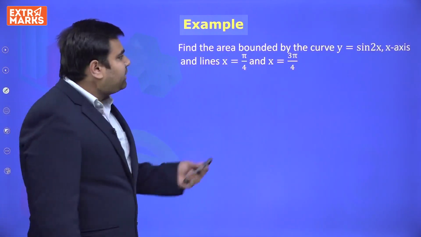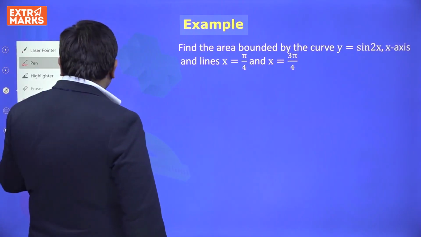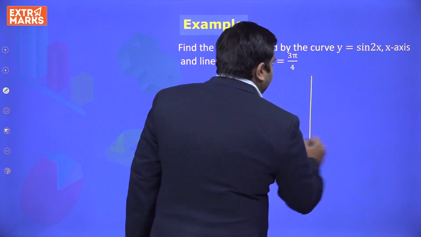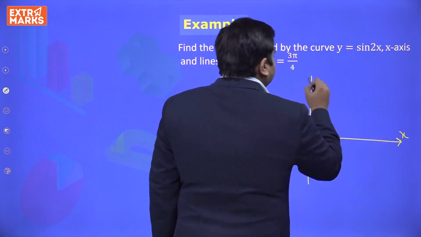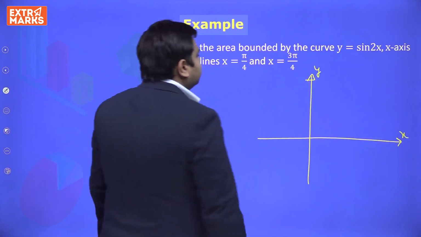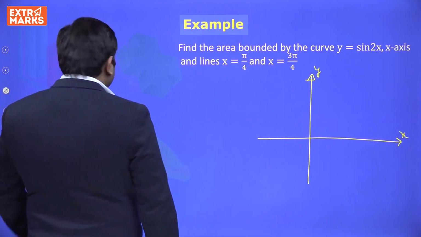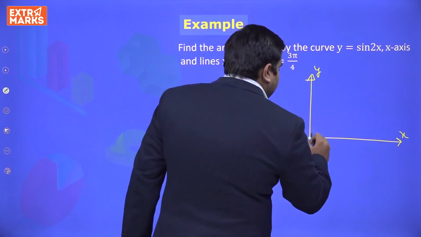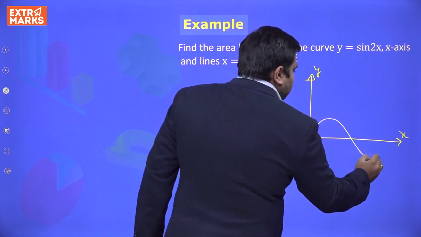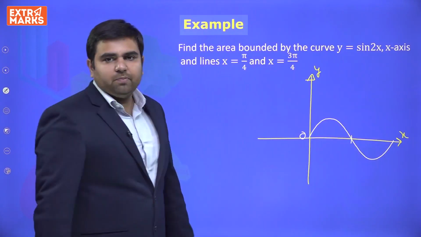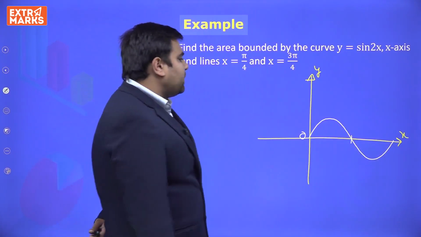Find the area bounded by y equal to sine 2x, x-axis, and the lines x equal to pi by 4 and 3 pi by 4. This is 0, this is pi, so this would be pi by 2.